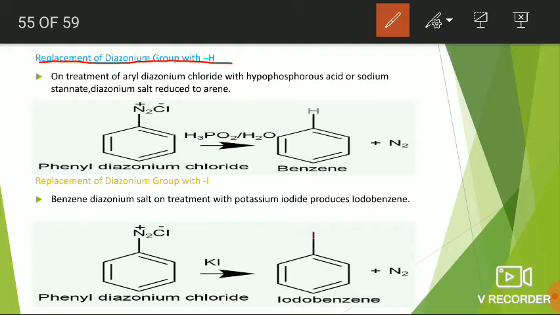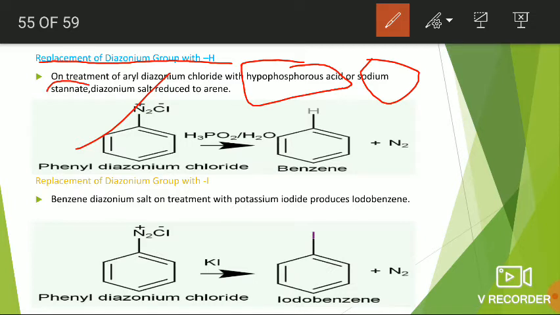It can be achieved by treating diazonium salt with hypophosphorus acid or with sodium stannate. Treatment of diazonium salts with hypophosphorus acid or sodium stannate, we get the corresponding arene.